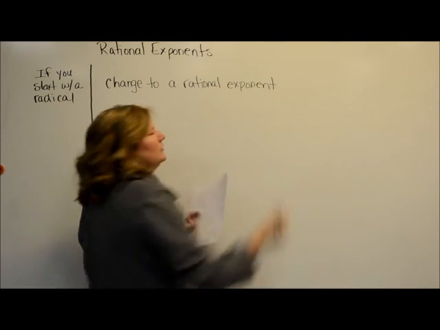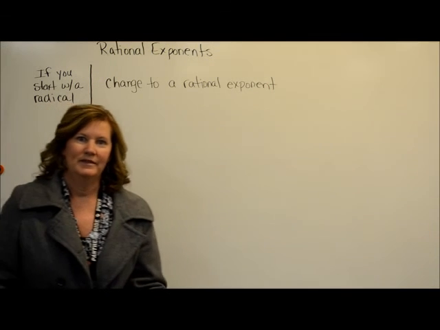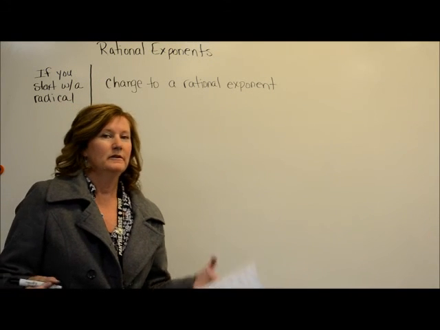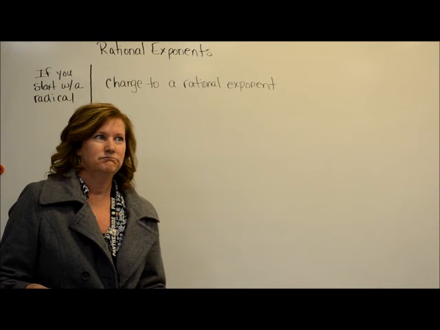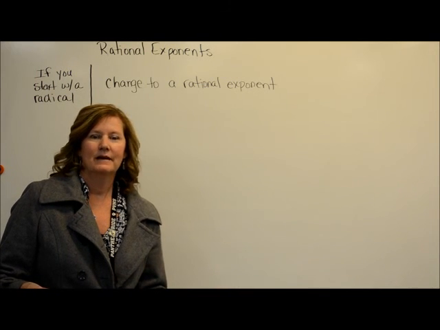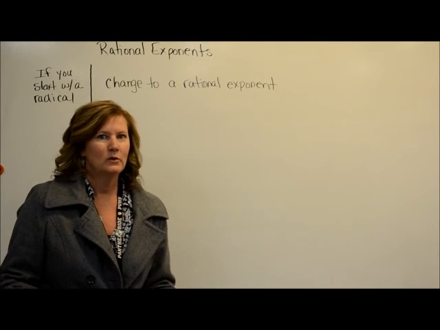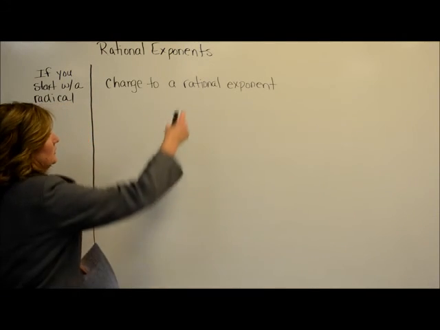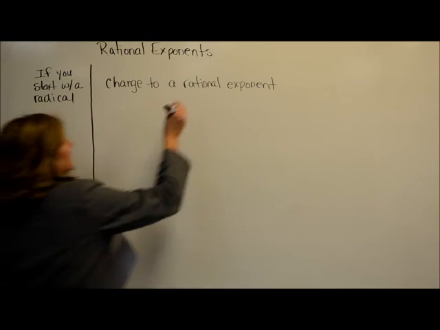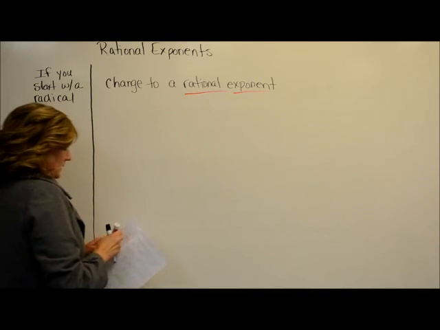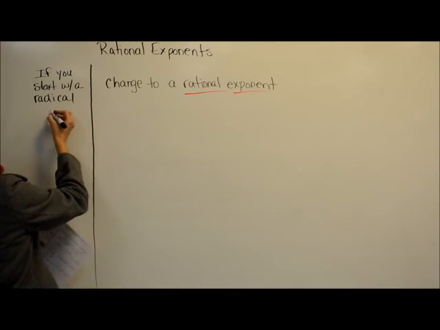You have to change to a rational exponent to be able to work with these numbers. When they're in radical form, it's a lot more difficult, if not impossible, to work with them. So you have to change over to a rational exponent. So if you start with the radical, change to a rational exponent. And here's an example of this.